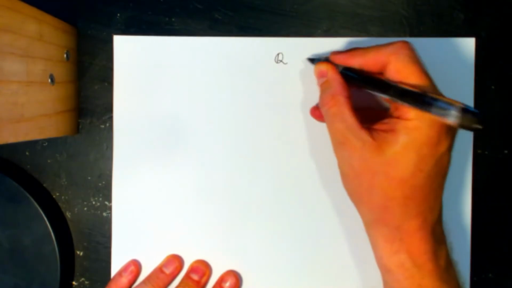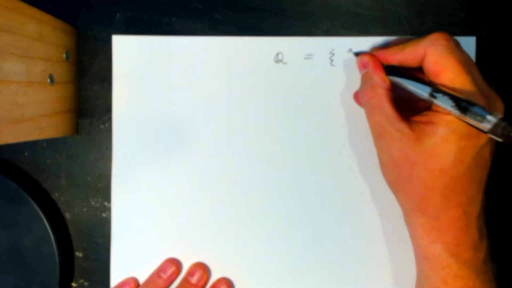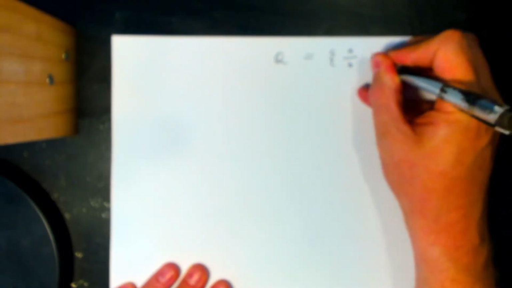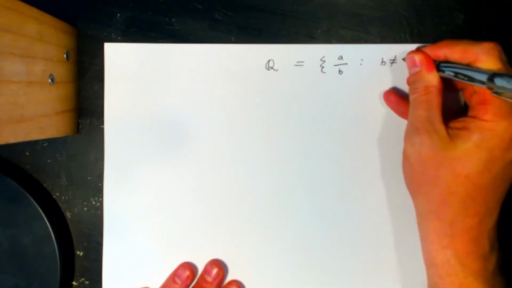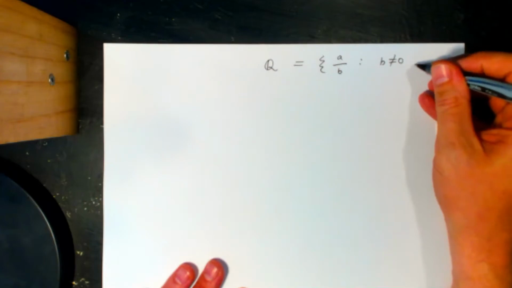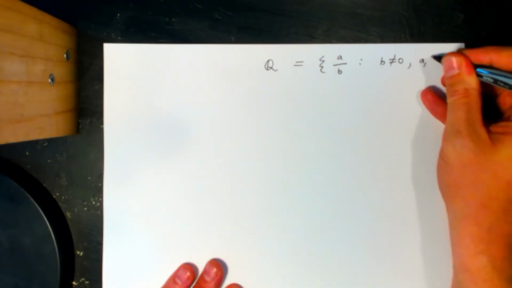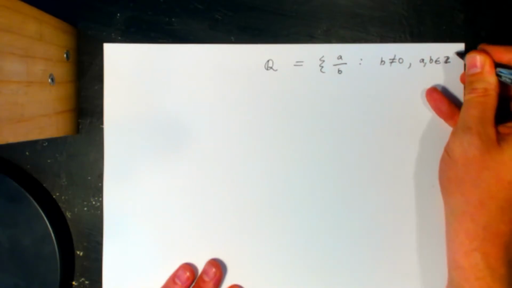Okay, now let's talk about another group in which we're not referring to addition. Okay, so rational numbers is the set of all a over b such that b is not equal to 0 and a and b are integers.